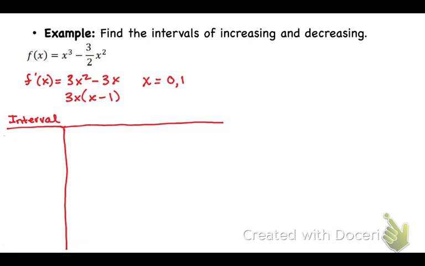Now, I put test here. Sometimes I just put X. This is the value we are going to test. I will write test value for today, because when we did interval analysis, I always wanted you to tell me what number you were throwing in there.